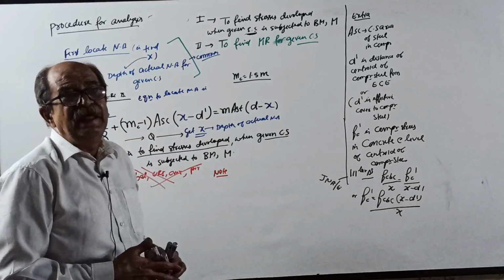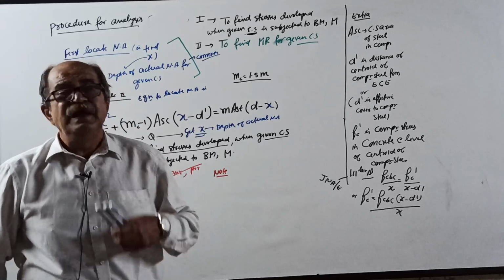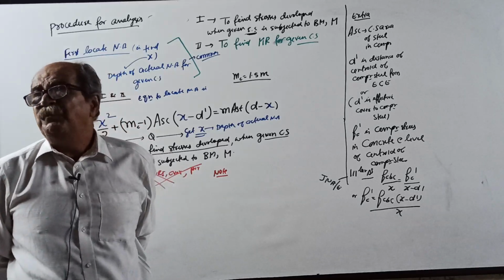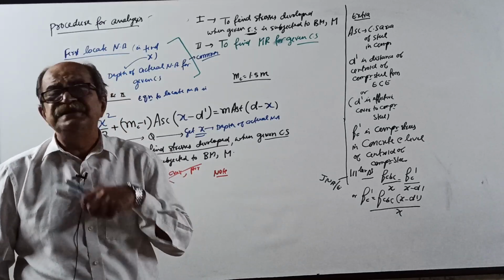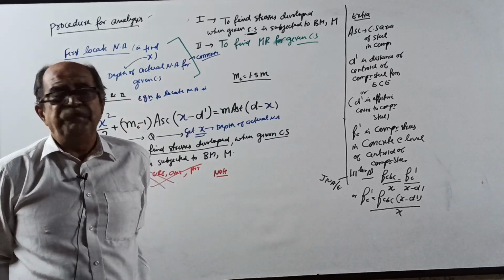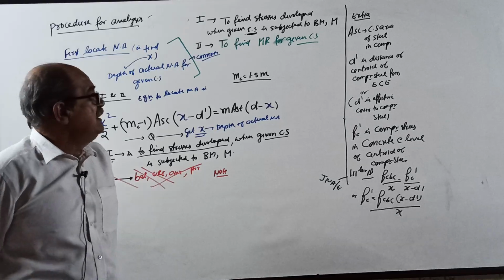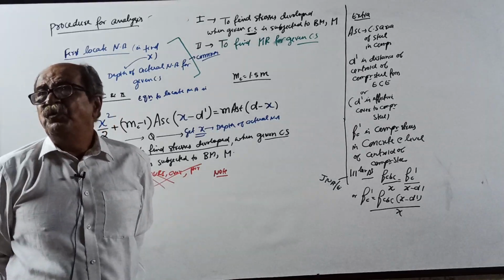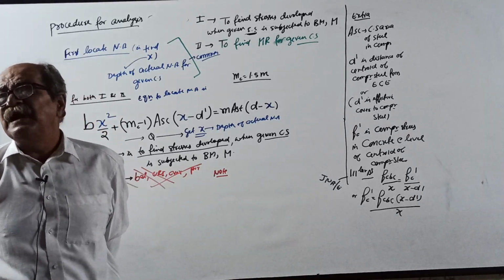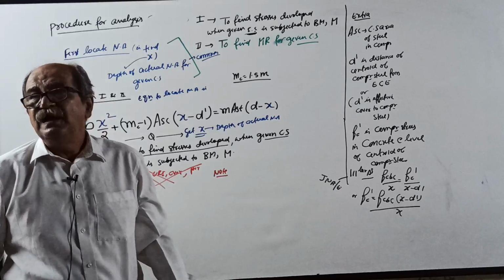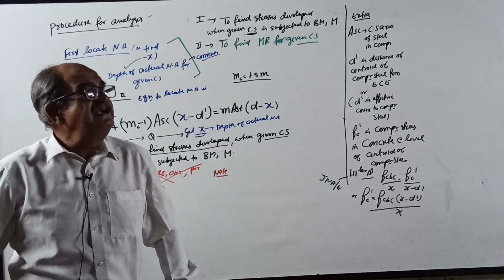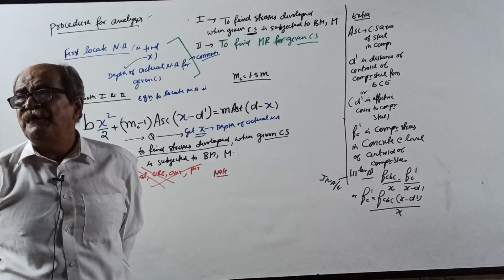Now, one extra note. In case of singly reinforced section, we have expression for M based on compression and also tension. But in case of doubly reinforced section, we get an easy expression in terms of compression. But a direct expression in terms of tension is not available.